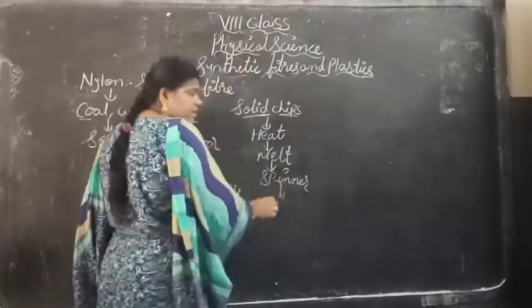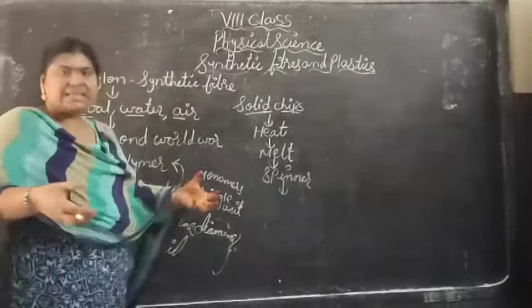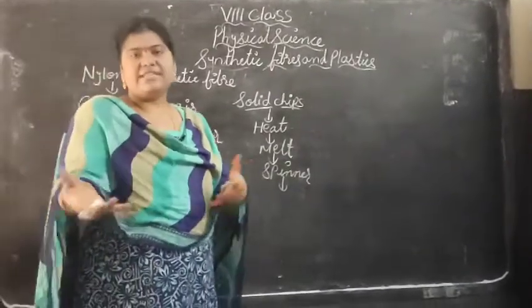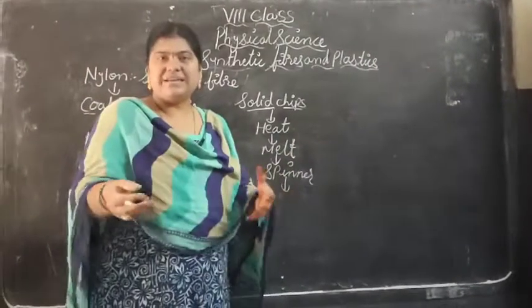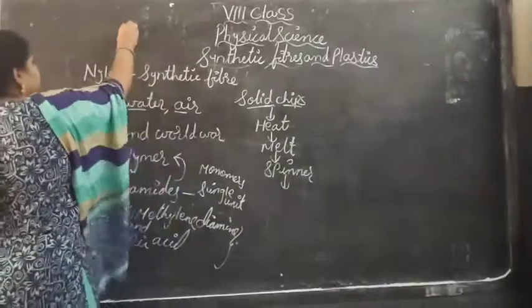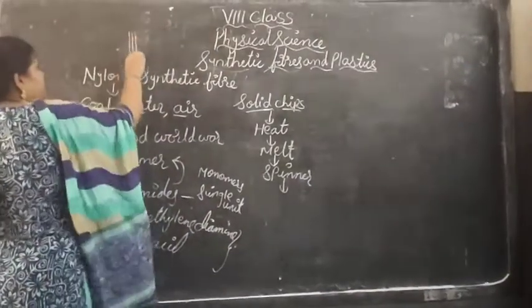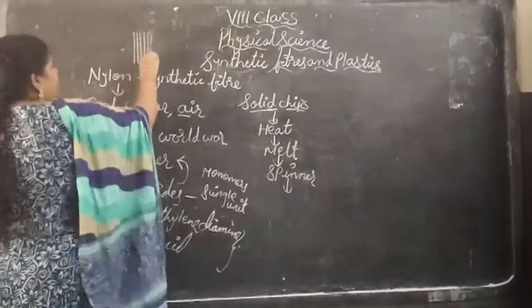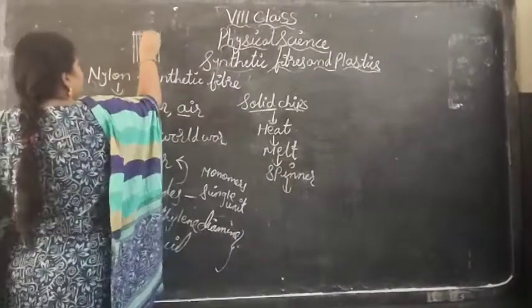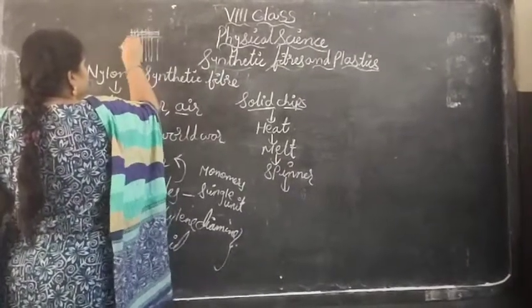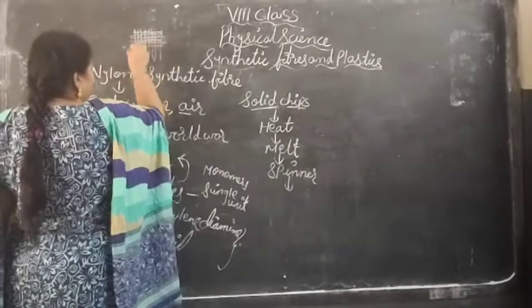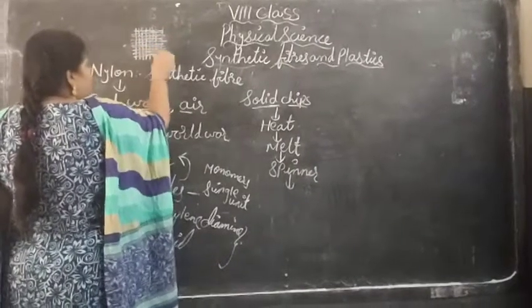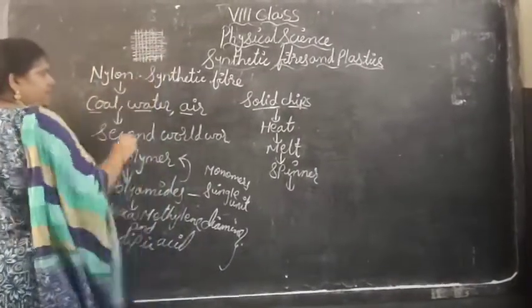What is this spinneret? Just like our sieving, no? Rice flour or any flour we will sieve, no? Like that, this spinneret is in this form with very tiny holes.